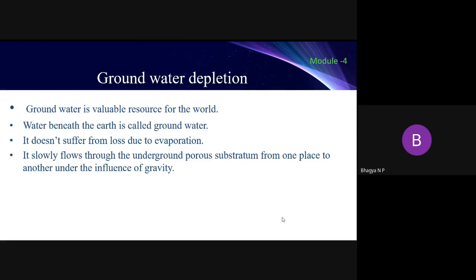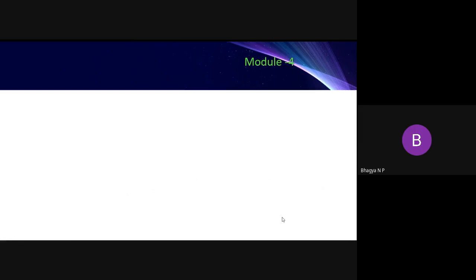Sometimes this groundwater flows through the underground porous substratum from one place to another under the influence of gravity. And sometimes this groundwater reappears at the surface in the form of a spring.